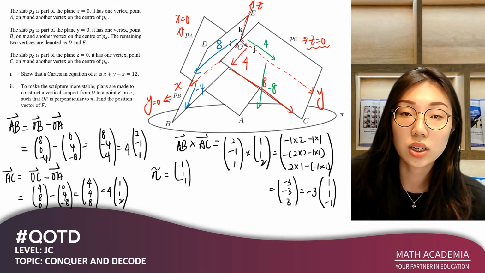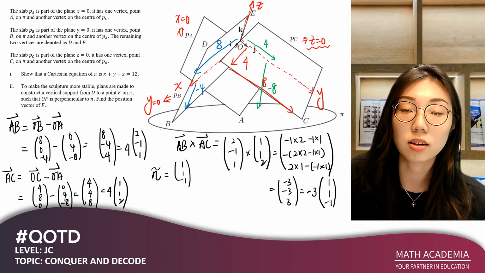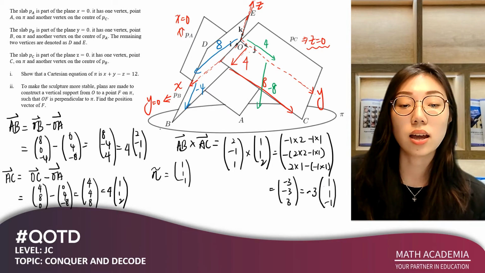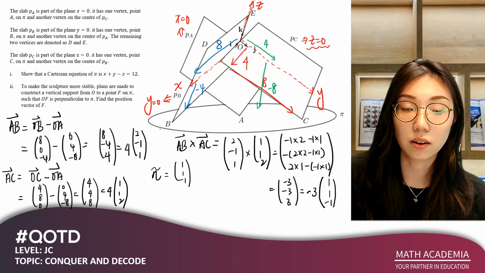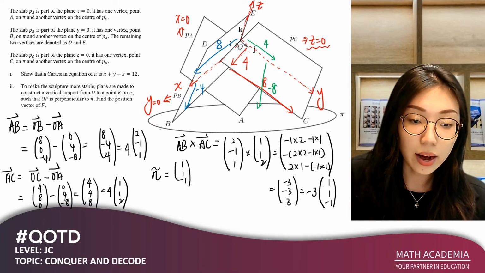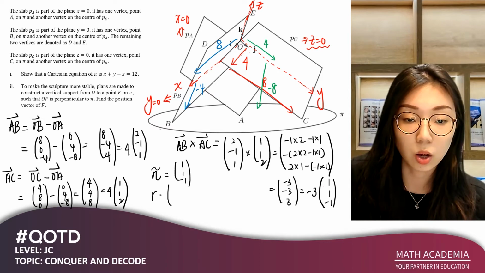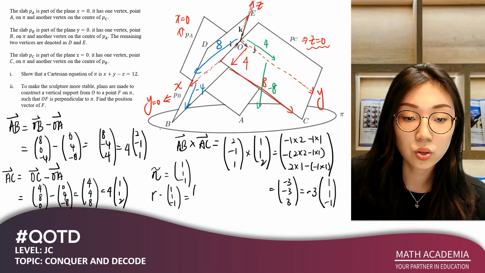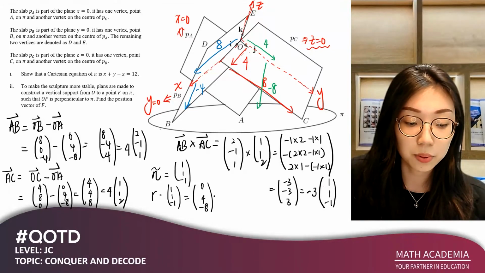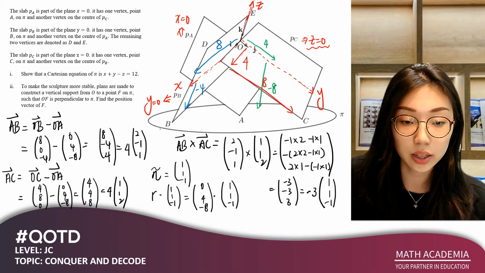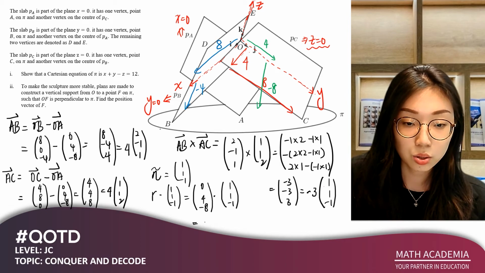In order to find the equation of plane pi, I can use any of the coordinates of points A, B, and C as they all lie on plane pi. I would take the position vector of A. So I have r multiplied by the normal, which is 1, 1, and negative 1, equals the position vector OA, which is 0, 4, negative 8, multiplied by 1, 1, and negative 1, which gives me 12.